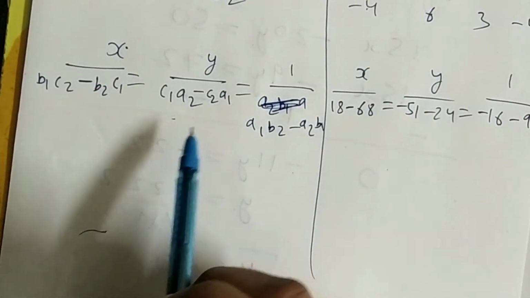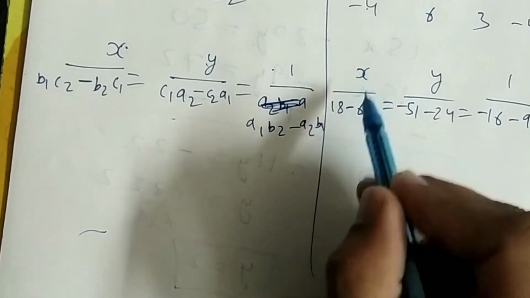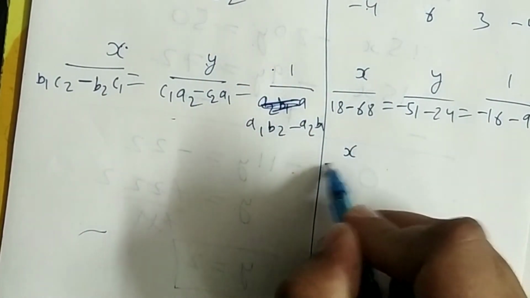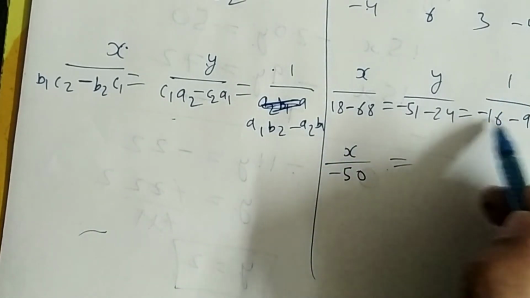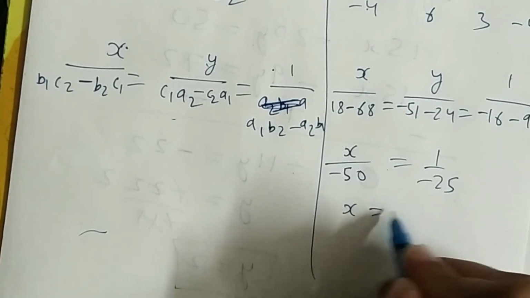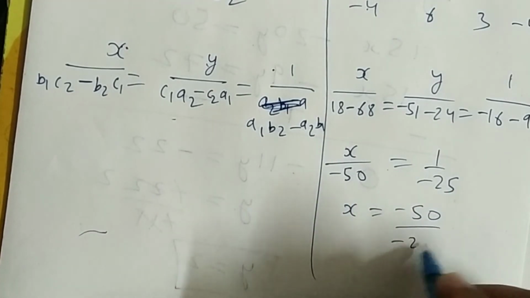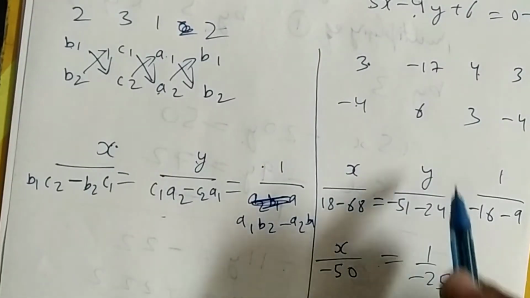Now just equate the first and last term, then the second and last term. So x upon this will become minus 50 and this will become minus 25. So from here x is equal to minus 50 upon minus 25, which is equal to 2. In the same way, also equate these two.